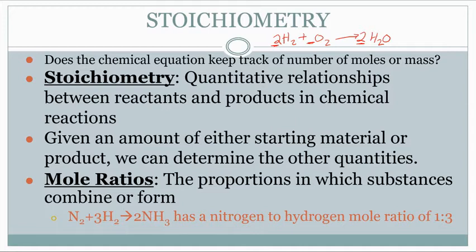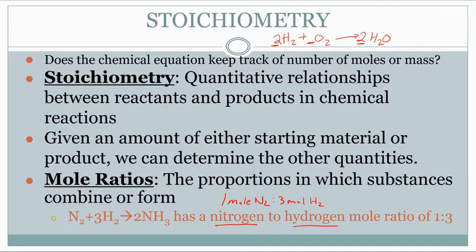So if I'm looking at the reaction between nitrogen gas and hydrogen gas to produce ammonia, I'm going to react 1 mole of nitrogen with 3 moles of hydrogen gas to produce 2 moles of ammonia. So my nitrogen to hydrogen mole ratio is 1 to 3, or 1 mole of N2 to 3 moles of H2.